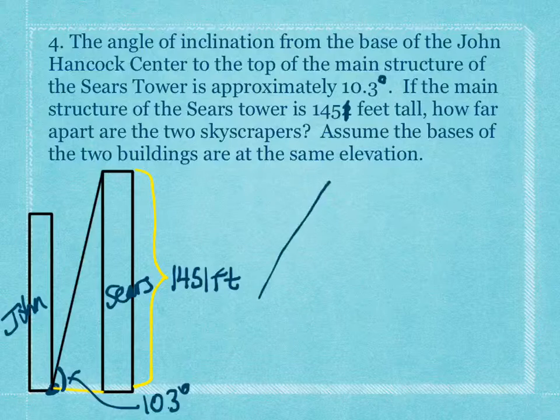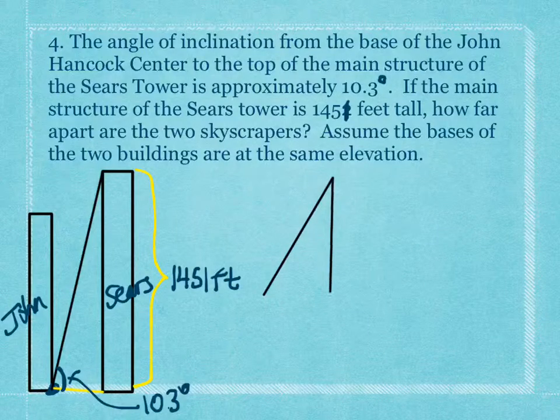My triangle looks not at all like that. How about something like this? I have 1451 over here, and I have 10.3 degrees over here. That looks terrible.